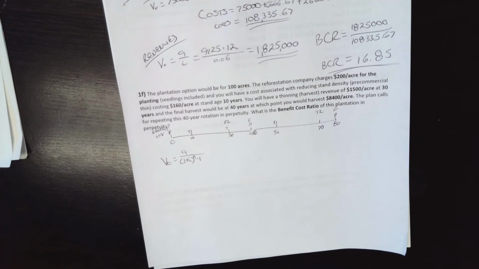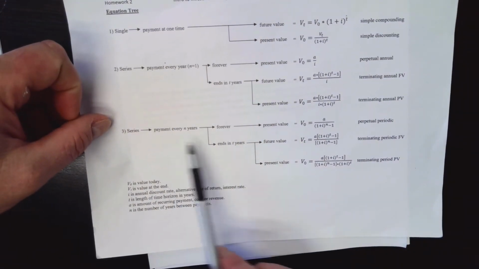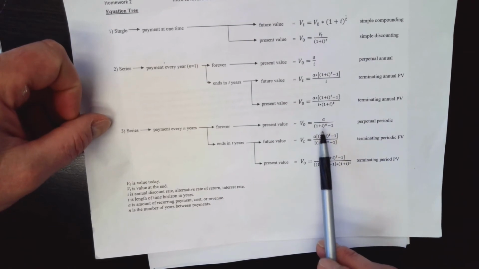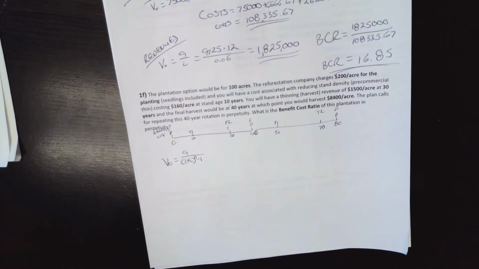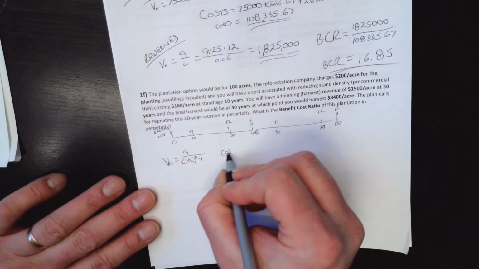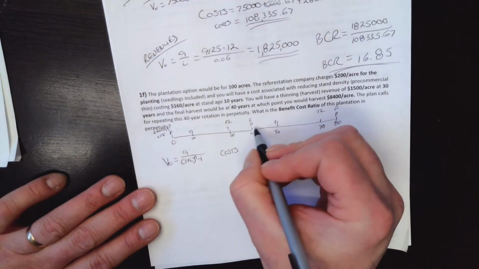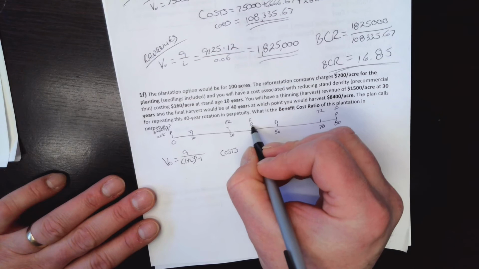We knew that this whole rotation thing is a periodic thing that goes on forever. So it is this equation, and we just want to make things simpler. So if we know this up front, we can do our costs the same way. We want to know what the cost A is out here.